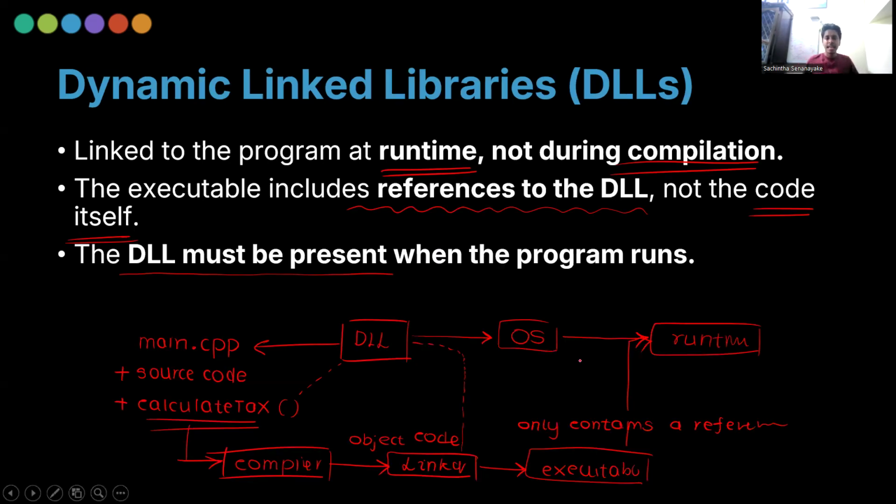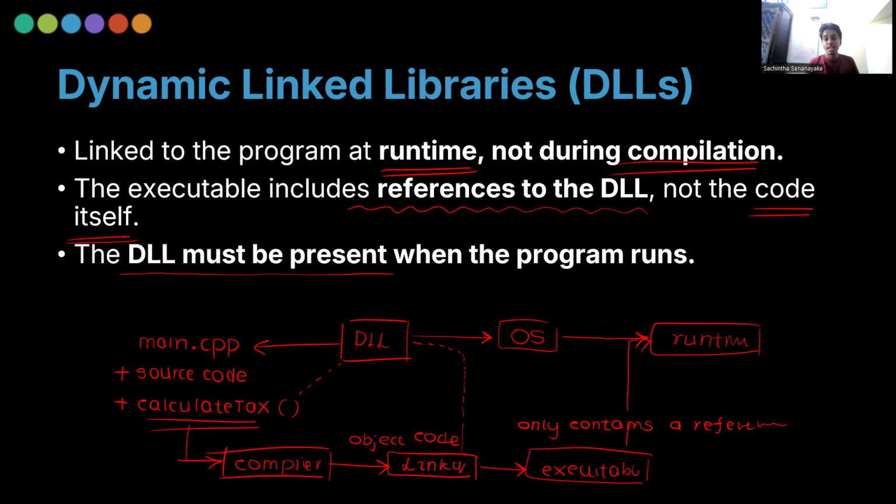So what that means is that the DLL is a separate file that exists at the beginning, which is where the calculate tax function is imported from. But when it's compiled, the object code that is produced by the compiler does not have any reference to the calculate tax library function.